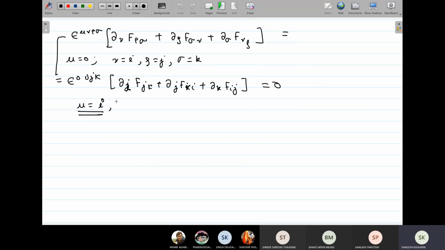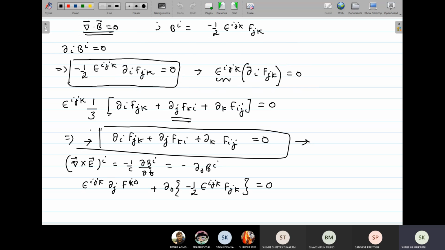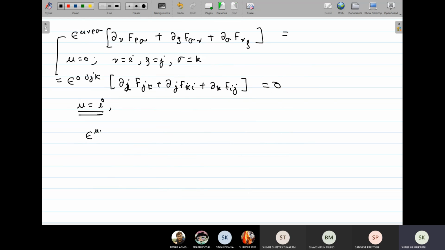This implies that these two equations, this as well as this one, can be written in this form: epsilon^{μνρσ} (∂_ν F_ρσ plus ∂_ρ F_σν plus ∂_σ F_νρ) equal to 0.